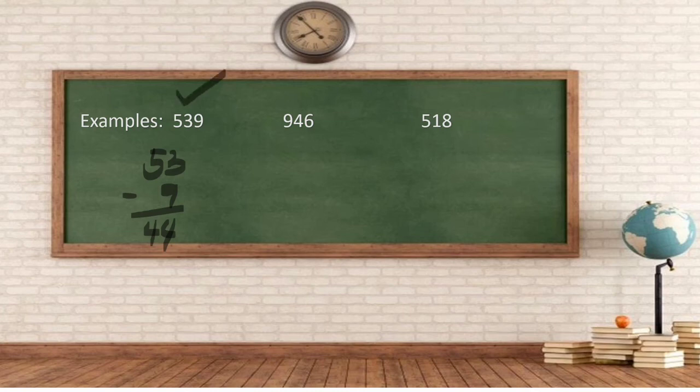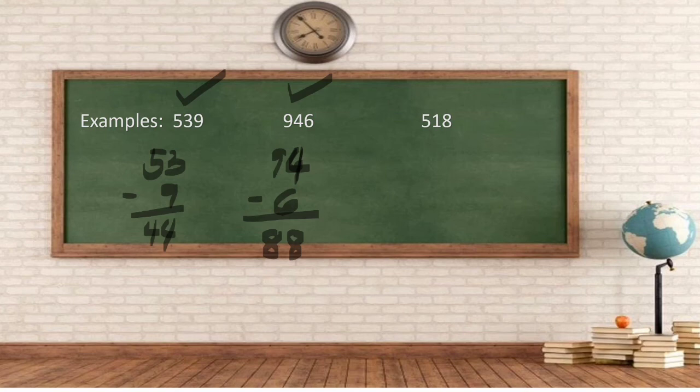How about 946? Let us subtract 6 from 94. This is 88. 88 is divisible by 11. So 946 is divisible by 11.